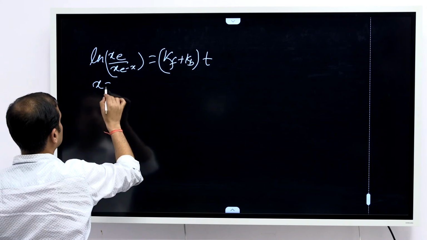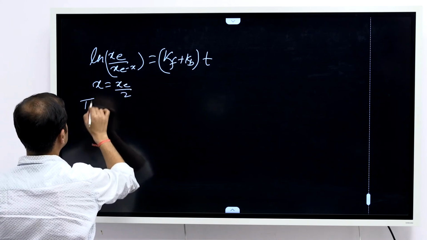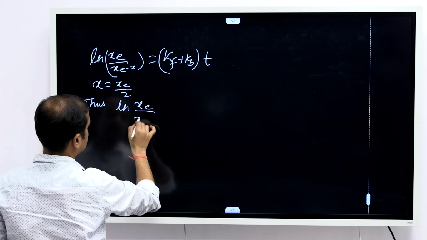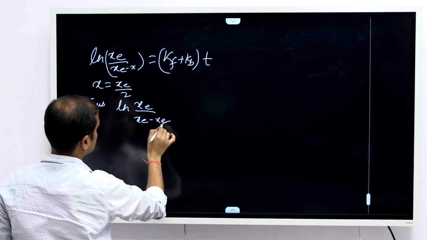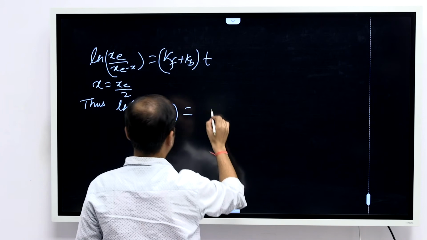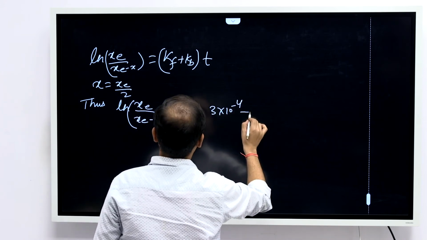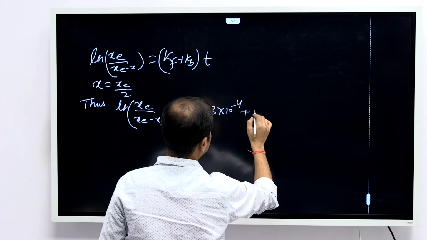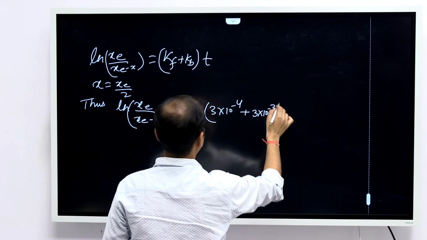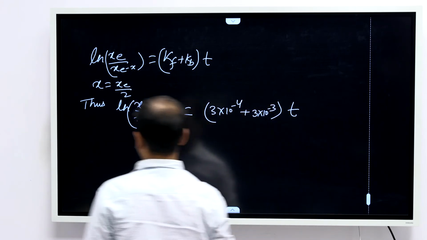Here x is equal to xe upon 2, thus ln xe by (xe minus xe by 2) is equal to kf, which is 3 into 10 to the power minus 4, plus kb, which is 3 into 10 to the power minus 3, and both have units of second inverse, multiplied by time.